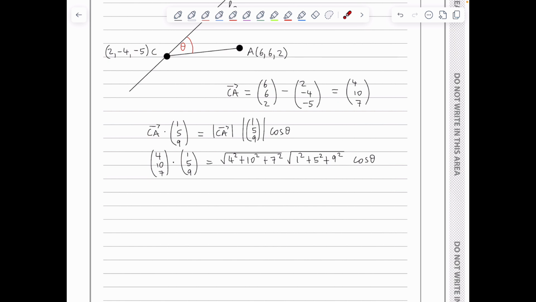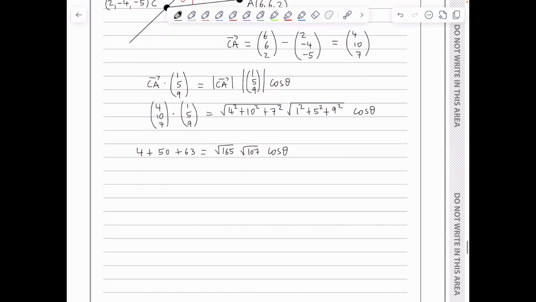Well, we know that when we are doing the dot product, we multiply the i with the i, then the j with the j, and then the k with the k, and we add everything up. So we're looking at 4 times 1, which is 4, plus 10 times 5, which is 50, plus 7 times 9, which is 63, being equal to root of 165 times the root of 107 times the cosine of theta.